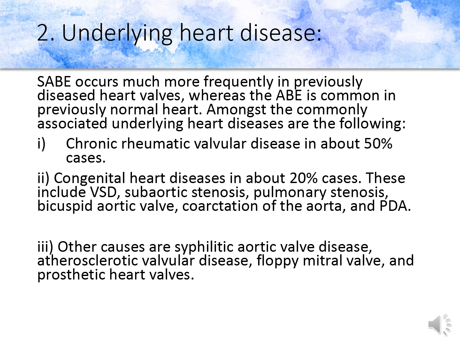It may be seen in about half of all cases, congenital heart disease in about 20% of cases, this including various pathology like coarctation of aorta, pulmonary stenosis, aortic stenosis, and others. Other causes like syphilis, atherosclerosis, prosthetic heart valves, and others.